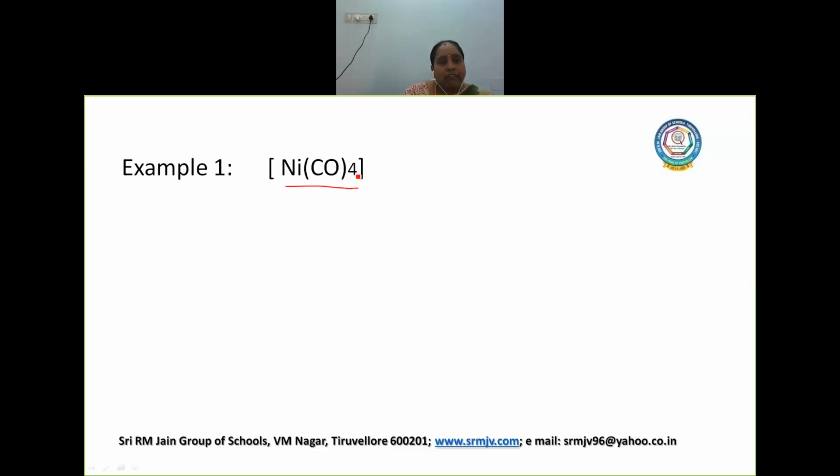Here we have 4 carbonyl groups, so it can be named tetracarbonylnickel. Namings I'll teach you later. So this is a complex of nickel carbonyl. Here, nickel is our central metal atom, whereas the carbonyl group is our ligand.